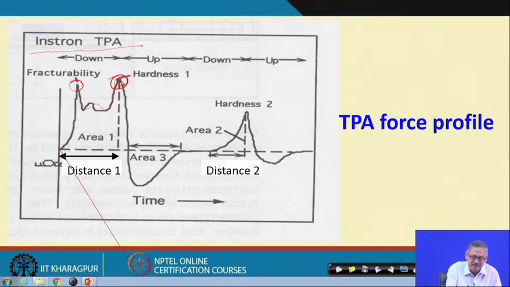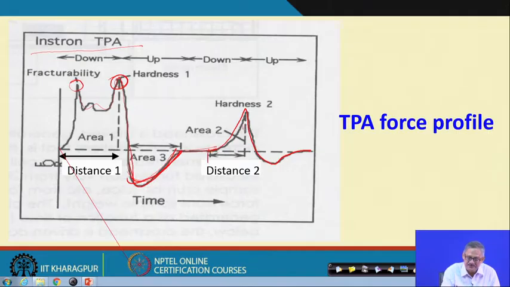Then it comes back to 0 and then it pulls. This is a reverse force you are applying. Here the direction of force which you are applying is the reverse, right. And then following this, it again goes for the second bite and comes like that, right.